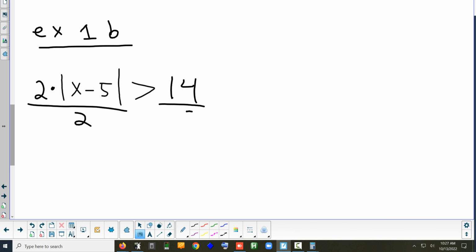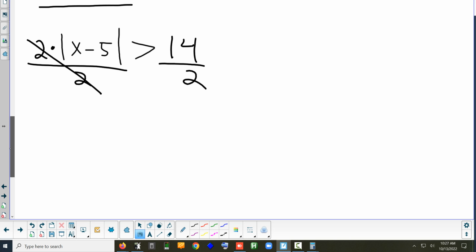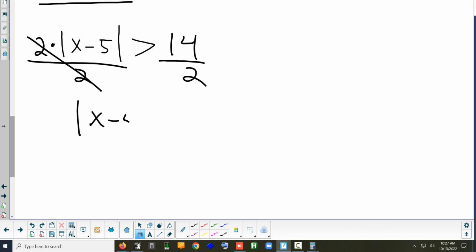Just start by dividing each side by 2. So now we have that on the left. Do I flip the sign when I divide by 2? No, I didn't divide by a negative number, so I'm not flipping the sign. And then I get 14 divided by 2 is 7.